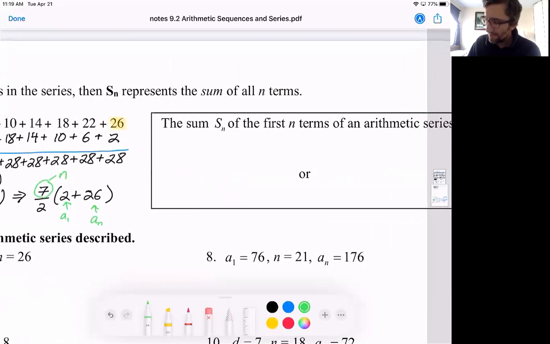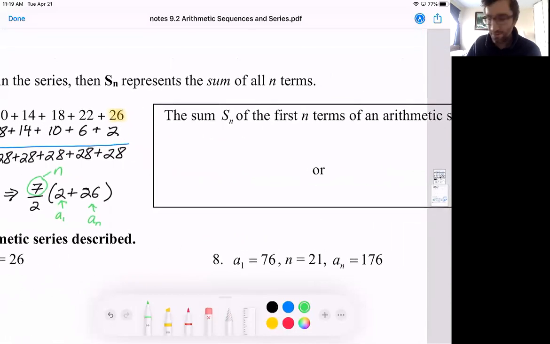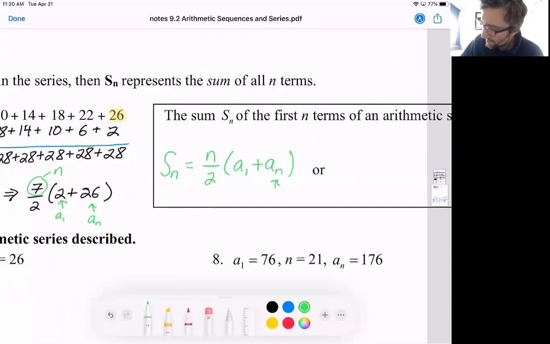So that basically gives us a general formula. The sum of an arithmetic series is the number of terms over 2 times the first term plus the last term. So that's the last term. This is the first term. And n is the number of terms. And that gives us the sum of the terms.